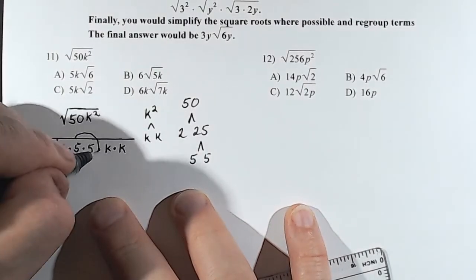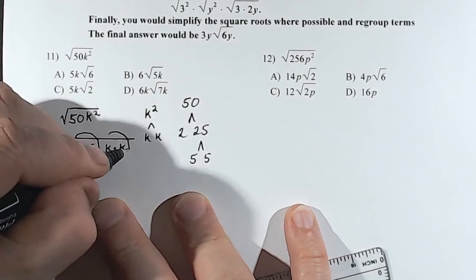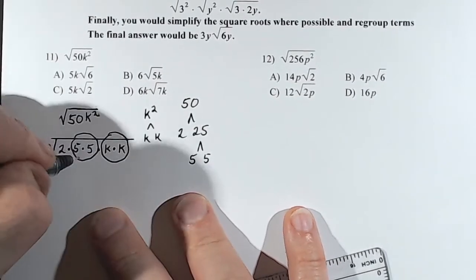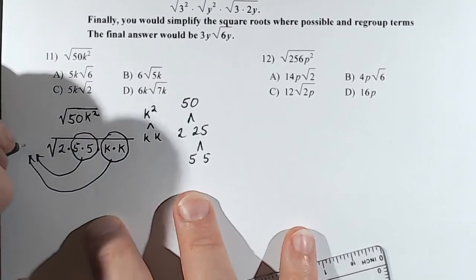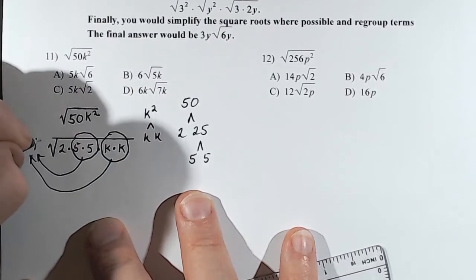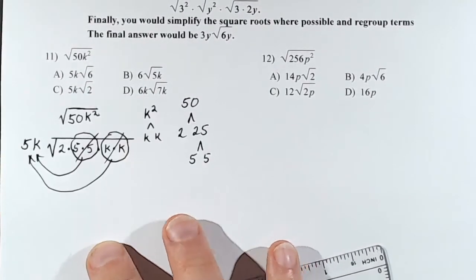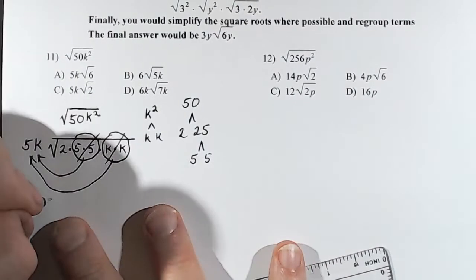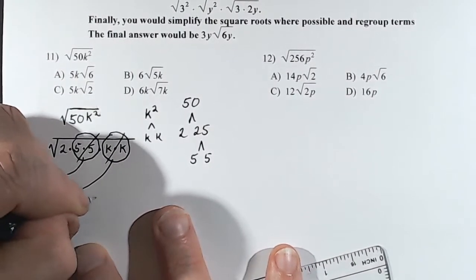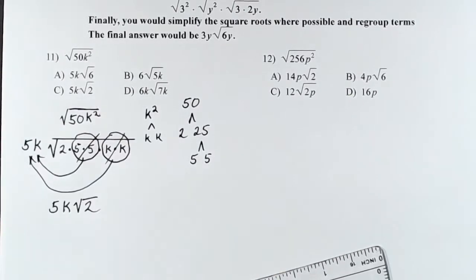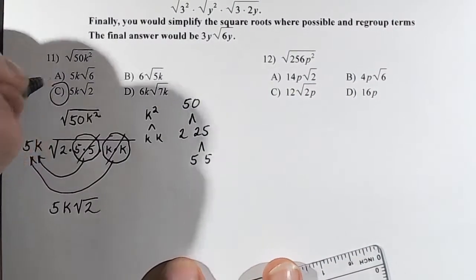Whenever I see a pair of these numbers, or a pair of letters, I can pull them out of the square root and just write one of them. So I'll write 5 and k, and that effectively cancels those out of the square root. So now I have 5k square root 2. And that's how I got c.